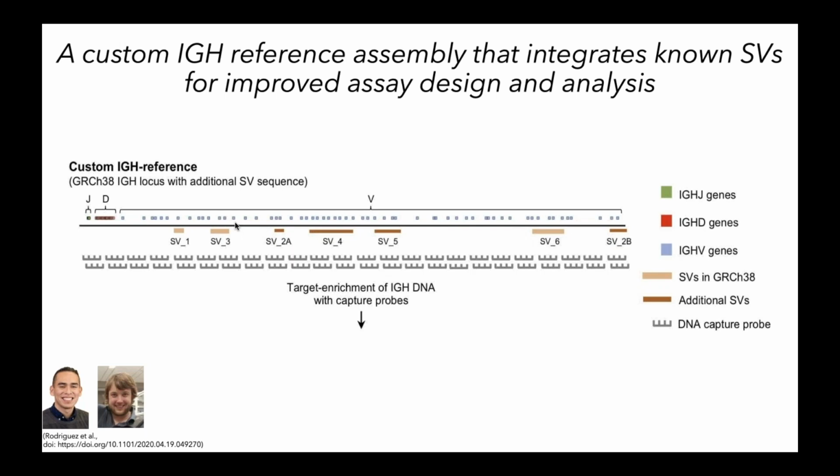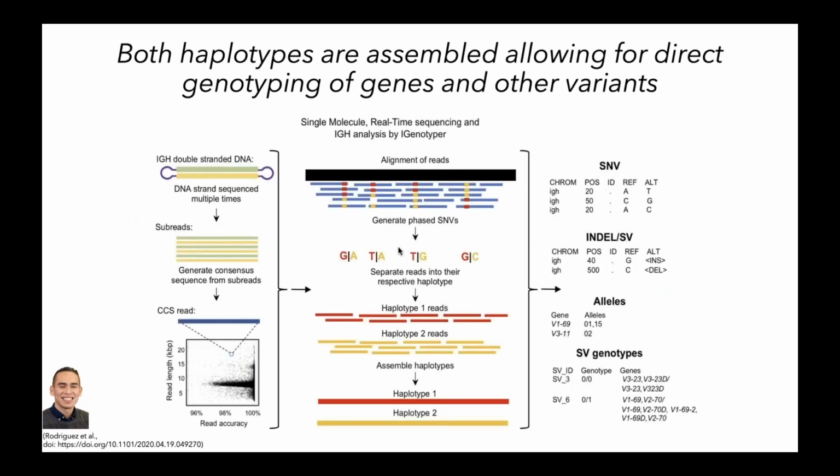And so we created this thing that we call the Franken reference, which is basically taking known structural variants in the population that have been characterized at nucleotide resolution and integrating them into the assembly so that we have a much larger target space and space for mapping and assembly analysis and interpretation. And so this is shown here where we've basically taken a reference and stitched in the sequences representing the structural variants. So we use this to guide our design of the targets as well as use it to analyze the data downstream.